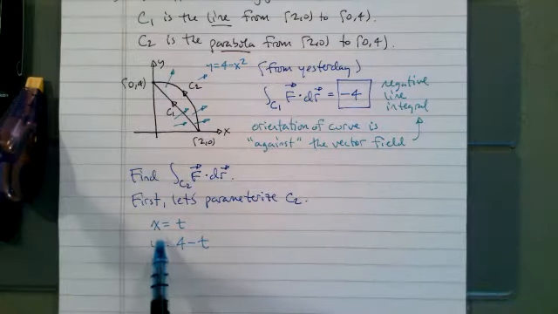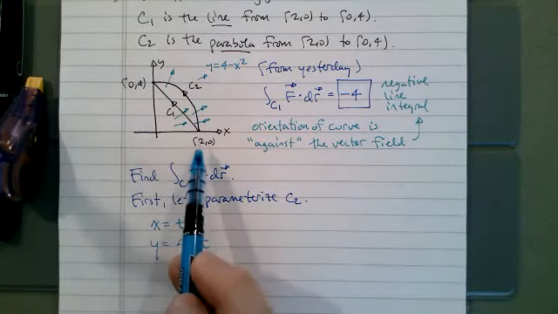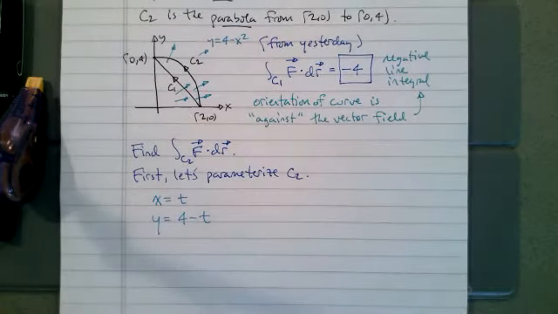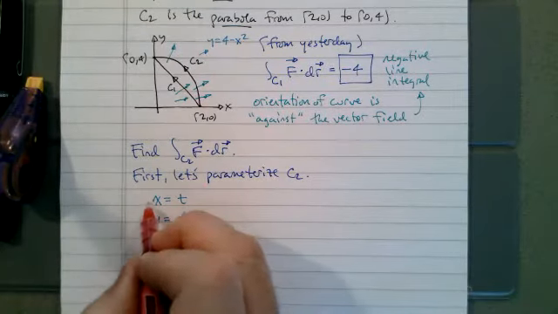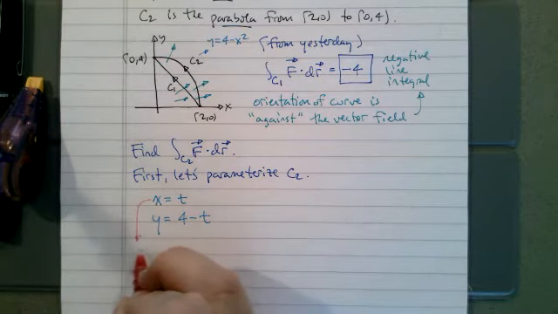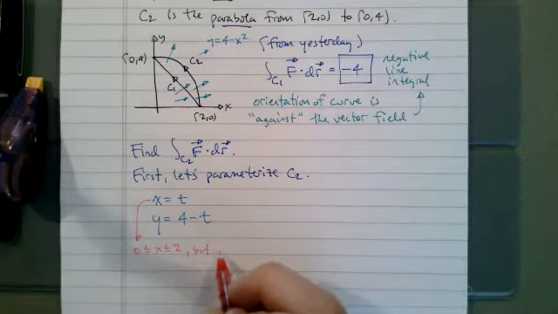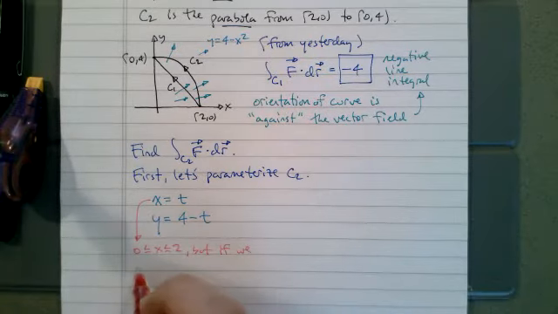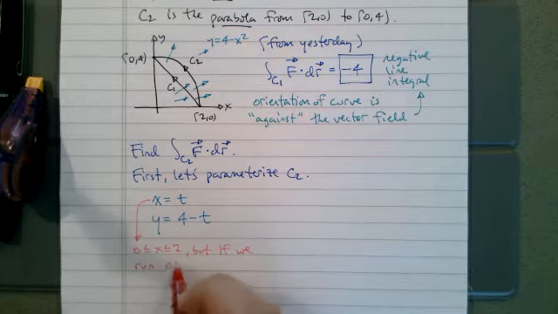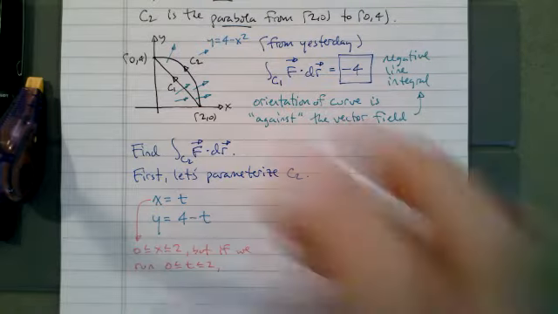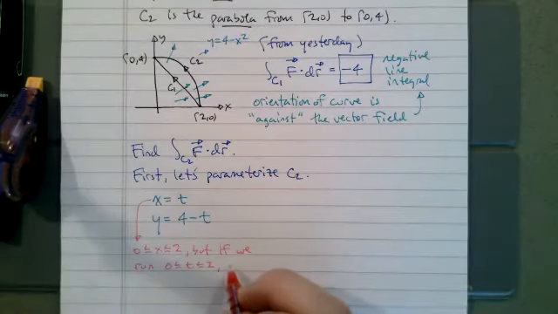We notice that the x values that are in play are between 0 and 2, but if we run t from 0 to 2, then our curve will go in the wrong direction.